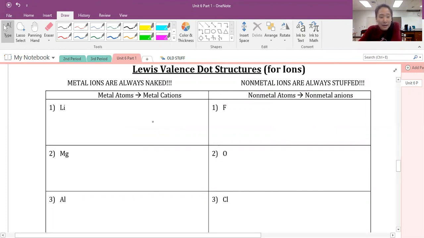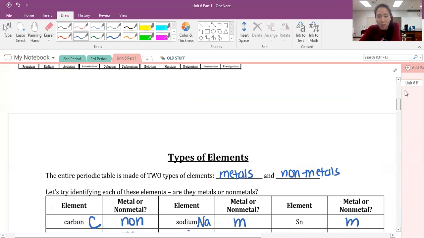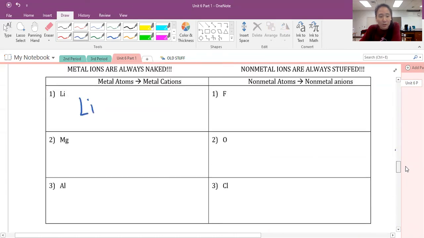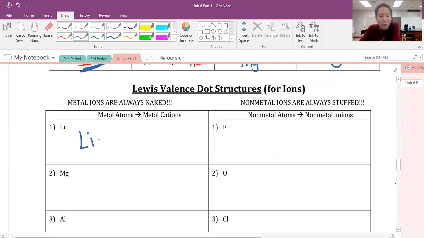So lithium, according to the periodic table, lithium is in the very first column, right? So just taking a quick peek up here, lithium is over here. It has 1 valence electron, okay? So you learned this in the last unit, but lithium has 1 valence electron, so you draw it like this.